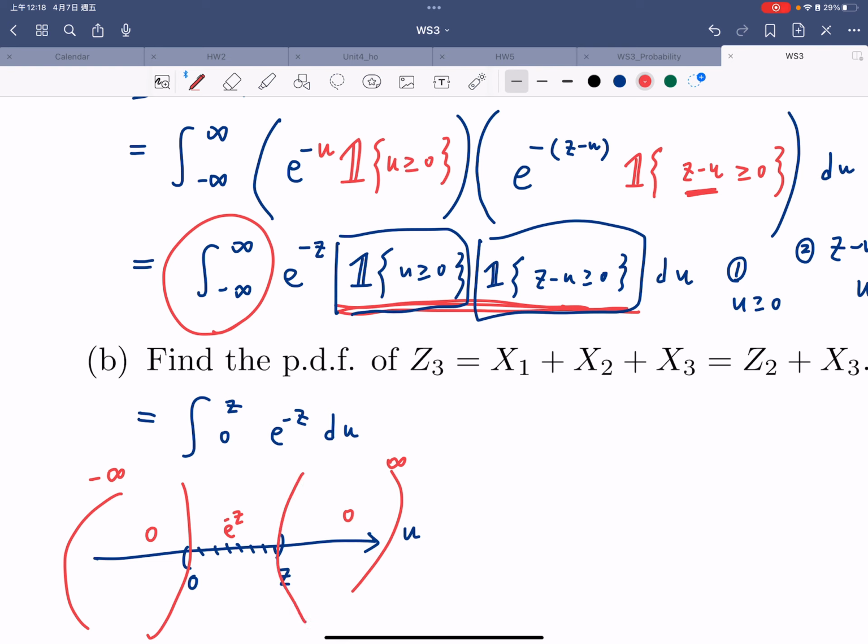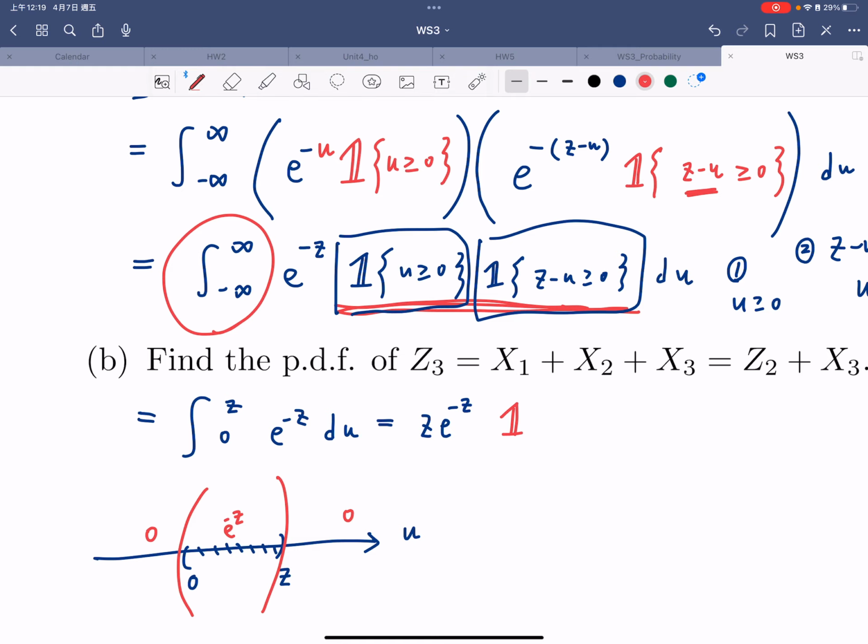Since integrating 0 gives 0. So you only need to integrate this part from 0 to z. So integrate it, and you have z exponential to the negative z. Right? And check.